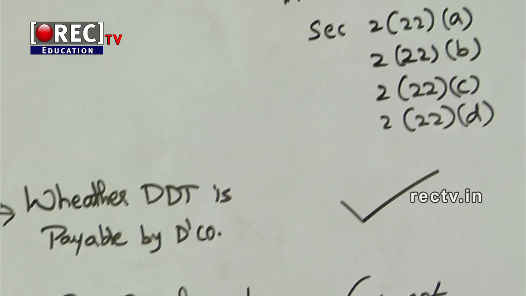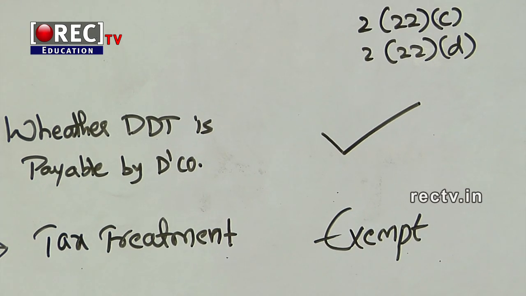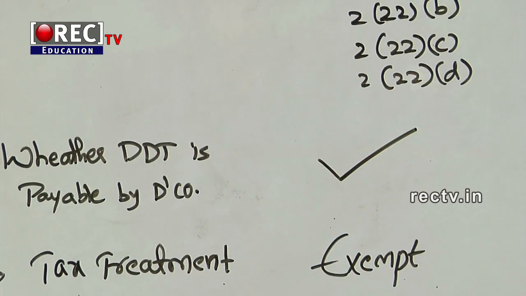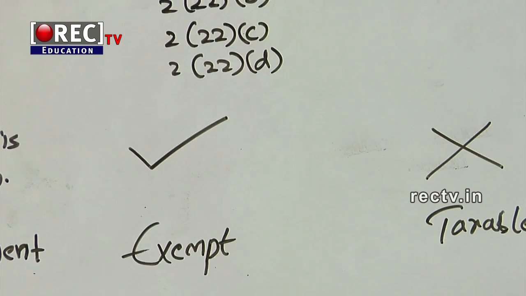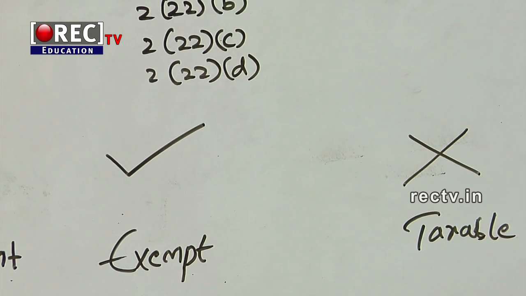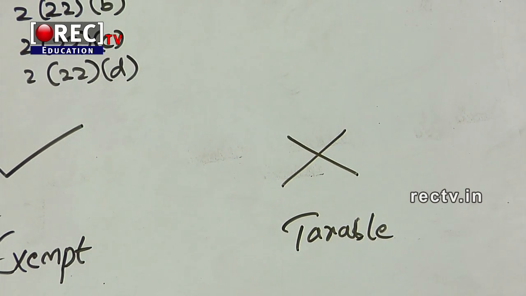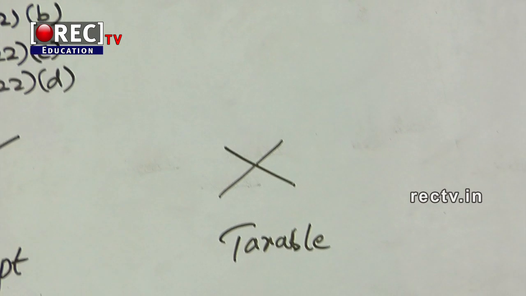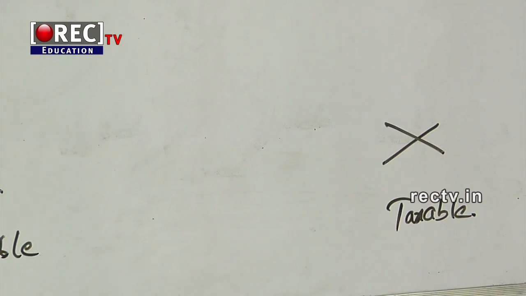So what will be the tax treatment? Where DDT is paid or payable, it is exempt, and the other two, that is section 2 subsection 22 clause E, are taxable, and dividend declared by a foreign company is also taxable as income from other sources.